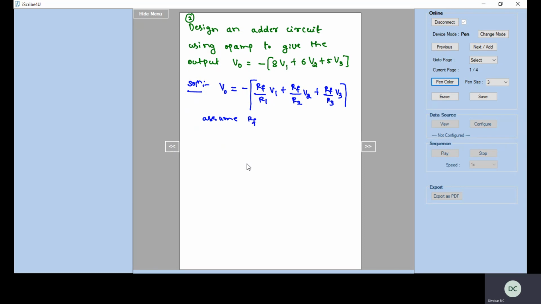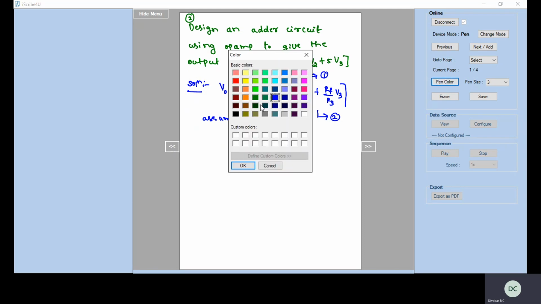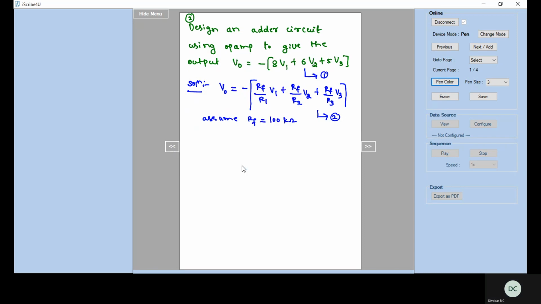You can assume the value of the feedback resistance if not given from 50 kilo to 200 kilo ohms. So comparing, let us call this as equation 1, this as equation 2. Comparing equation 1 and 2, you can write the equation as Rf by R1 is equal to 8.